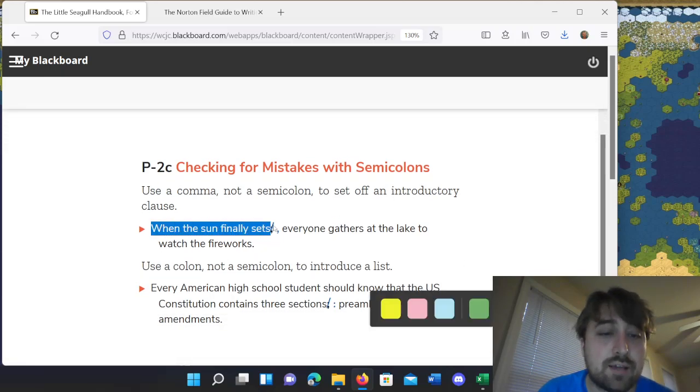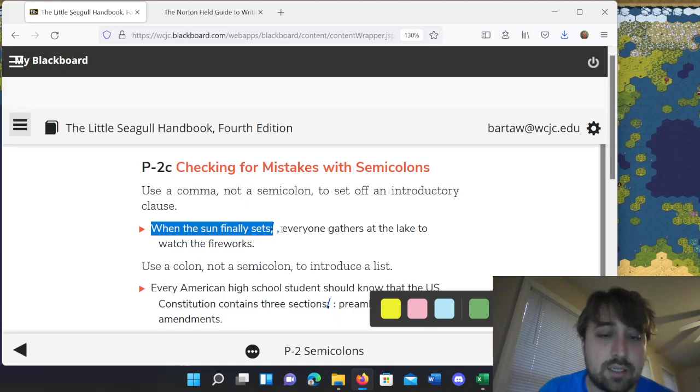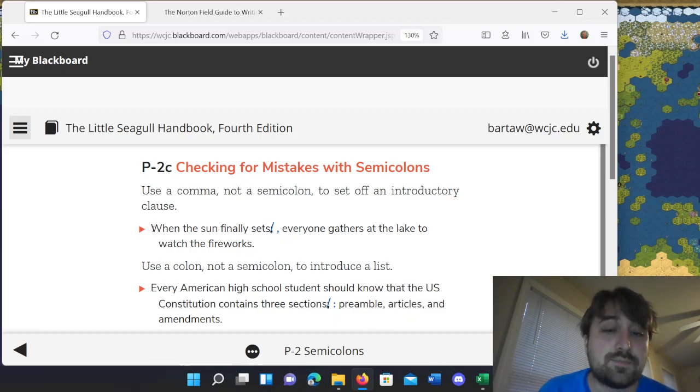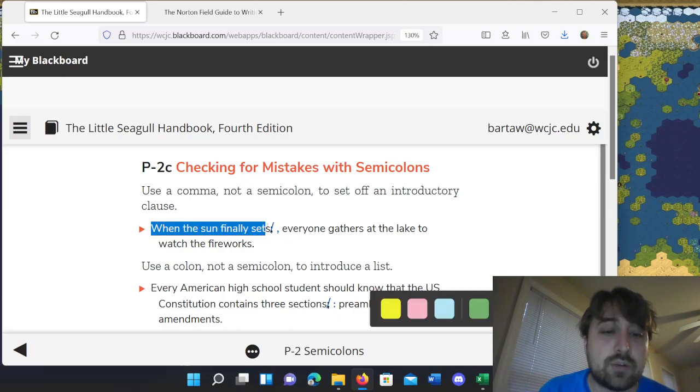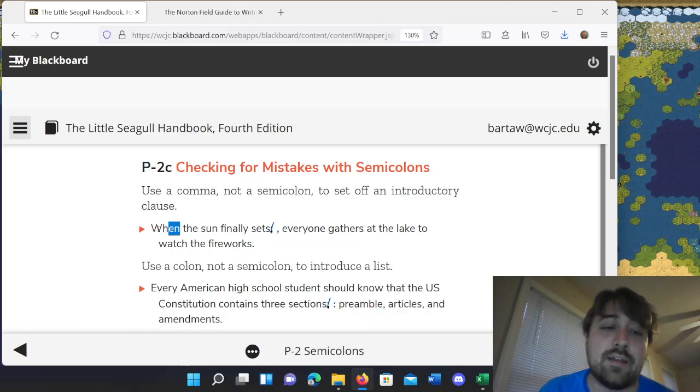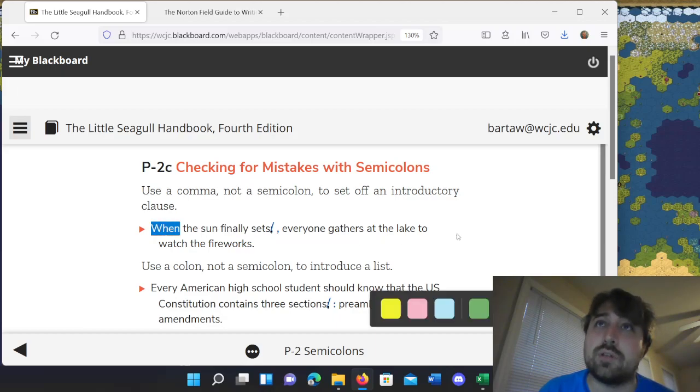When the sun finally sets; everyone gathers at the lake to watch the fireworks. So what's wrong with this? Well, this is an introductory clause, not an independent clause. "When the sun finally sets" can't be its own sentence. Specifically, the "when" makes it an introductory clause instead of an independent clause. So we're not going to set it off with a semicolon.